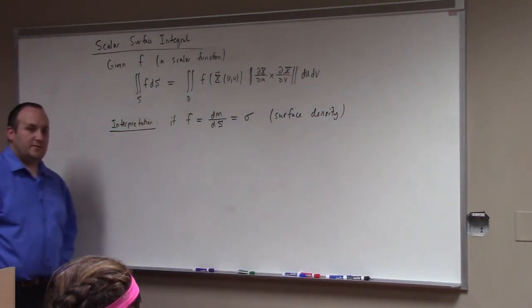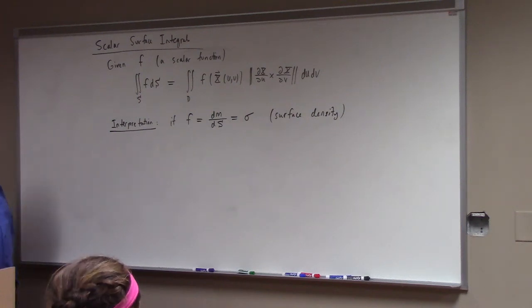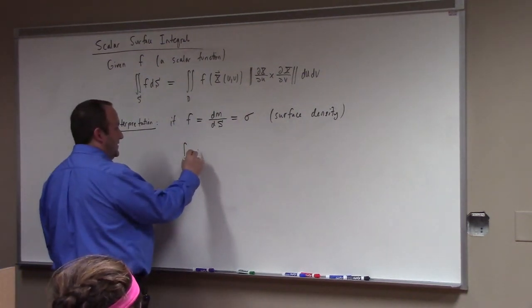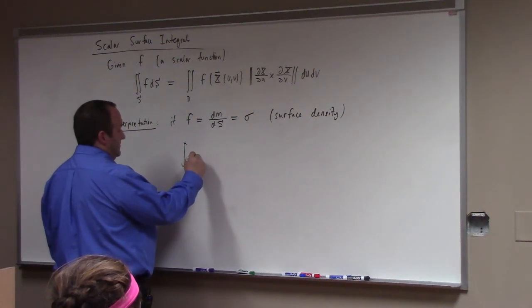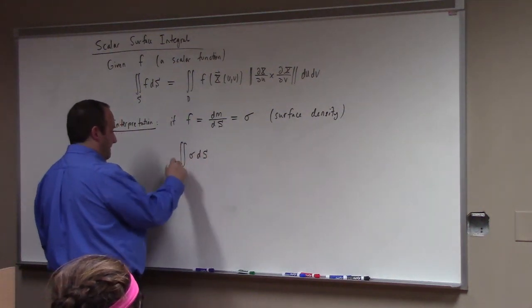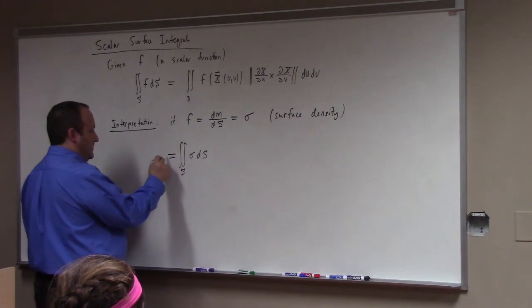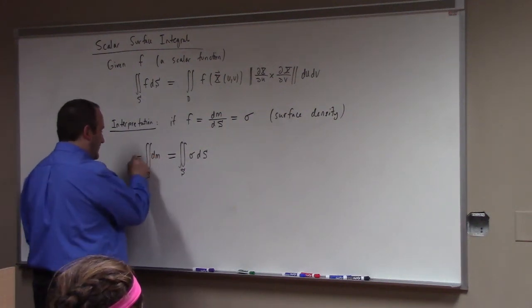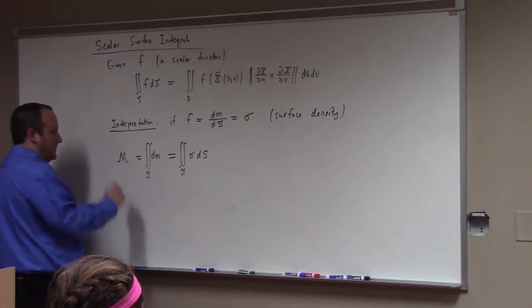I mean, we've talked about this notion before for a flat thing, right? But if you were to calculate the integral of sigma dS, what would that be? That is really the integral over S of dm. So that would be the total mass.